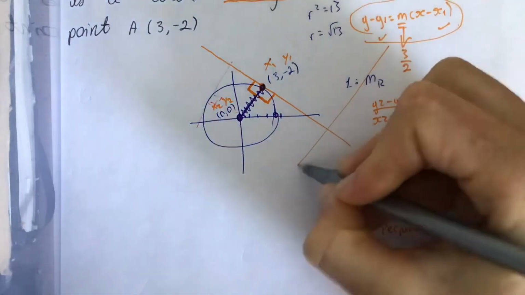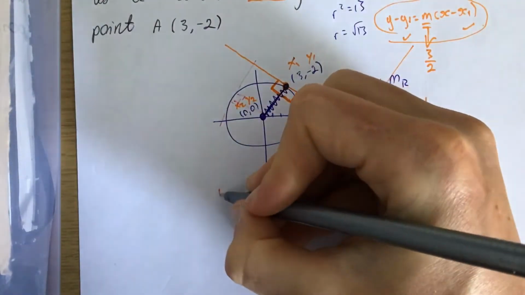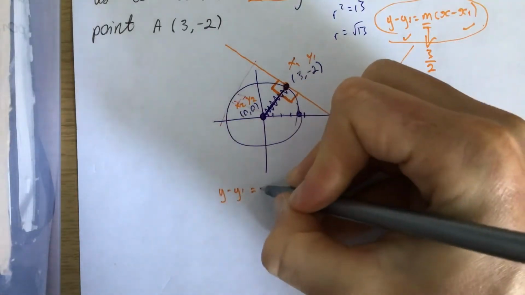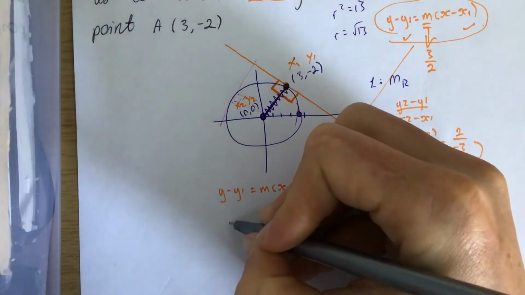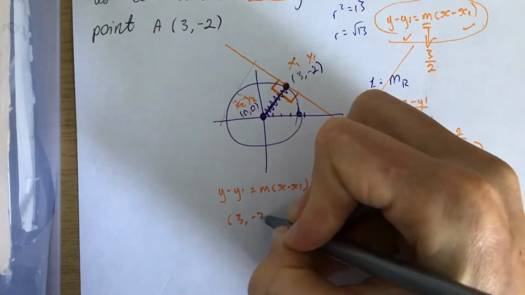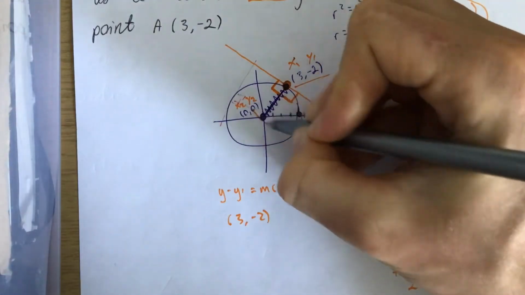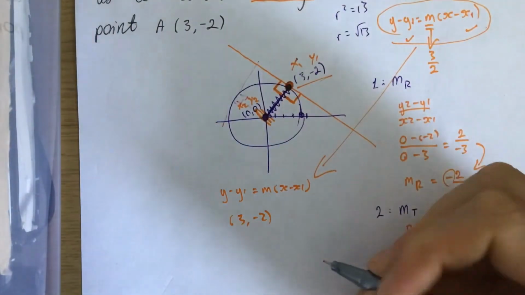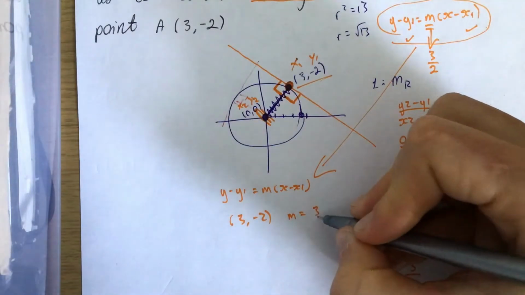So let's come across here and we're going to do the maths involved in this. So it's y minus y1 equals m into x minus x1, where you have your point 3 comma minus 2, because that's on the line. Don't use your 0, 0, that's not on the orange line. And you have your m, which we calculated out to be 3 over 2.